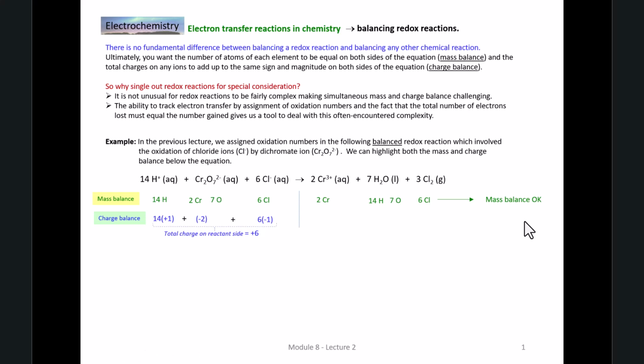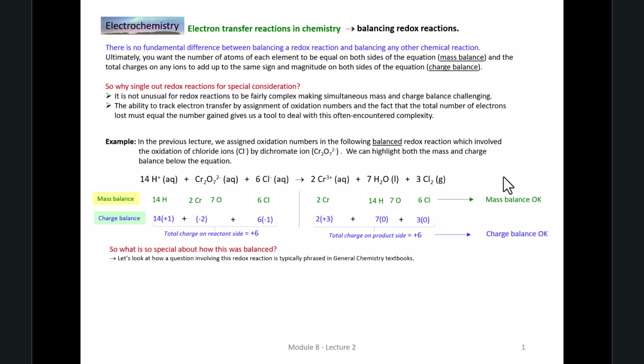Notice it doesn't have to be 0, we just need to know what it is. And now we need to see if it's matched on the right. Well, on the right we have 2 chromium 3 plus ions, water is neutral, chlorine in its elemental form is neutral, so therefore we have a total charge on the product side of plus 6, so the charge balance is okay. So this redox reaction is balanced according to mass and charge, as it should be.